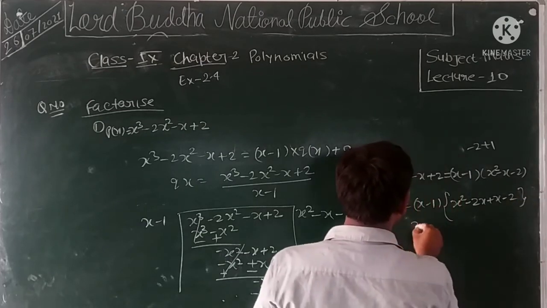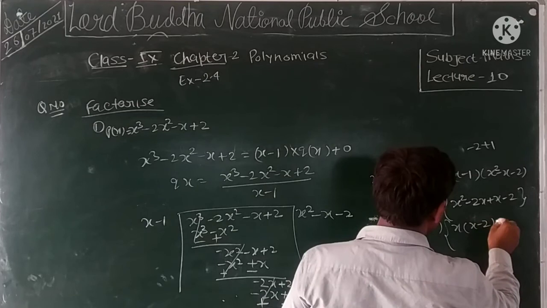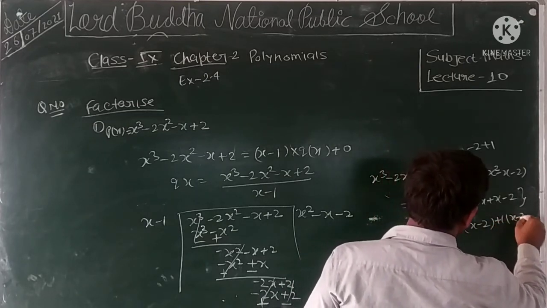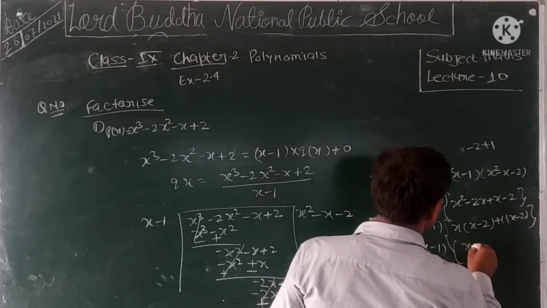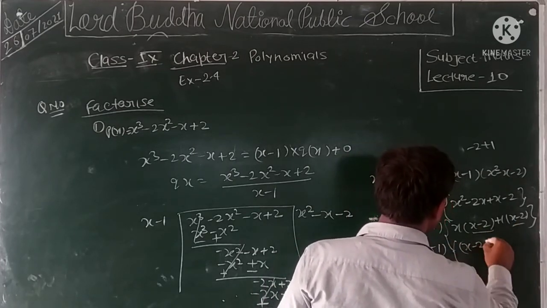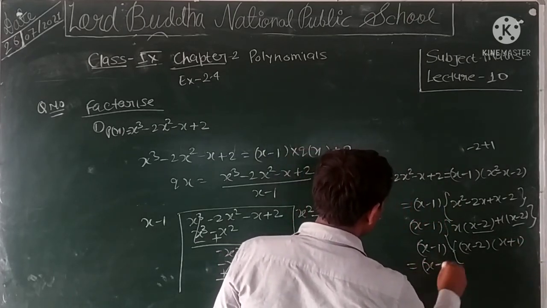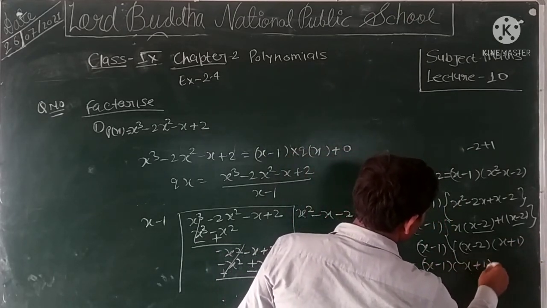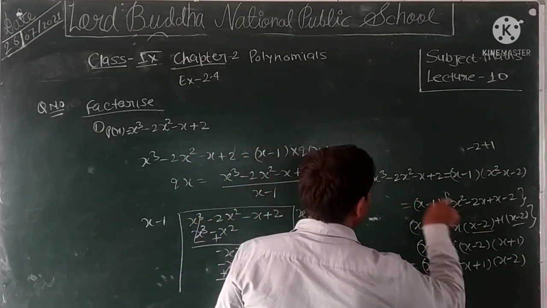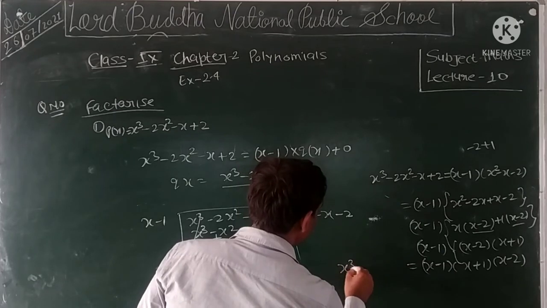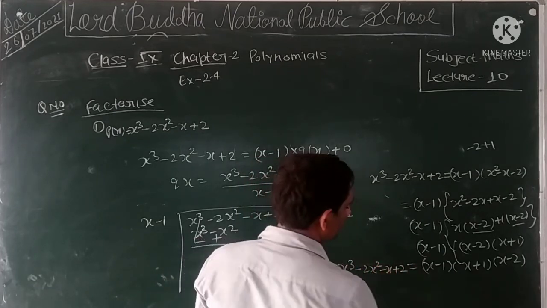Now x common from the first two, x minus 2, plus 1 common, x minus 2. So x minus 2 common and here x plus 1. Now we can write (x minus 1)(x plus 1)(x minus 2), which are our required factors for this polynomial.